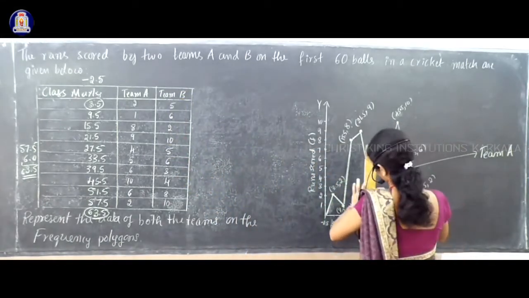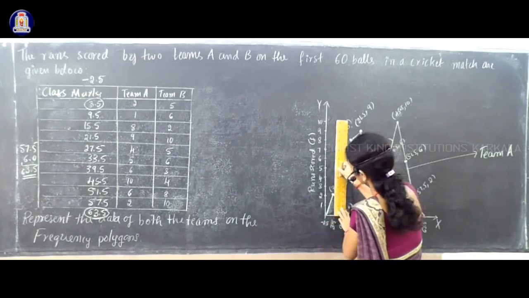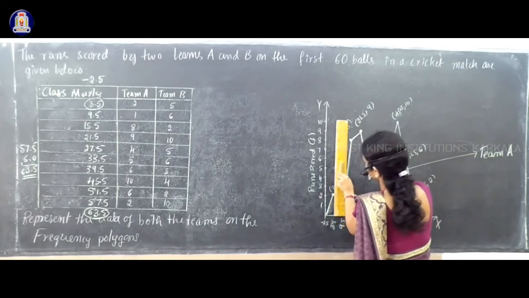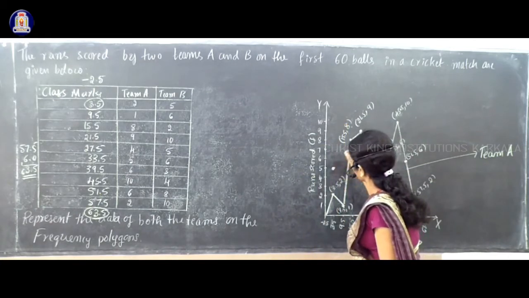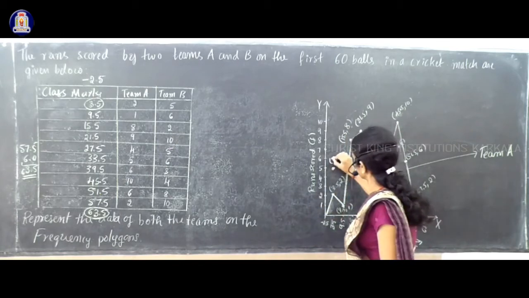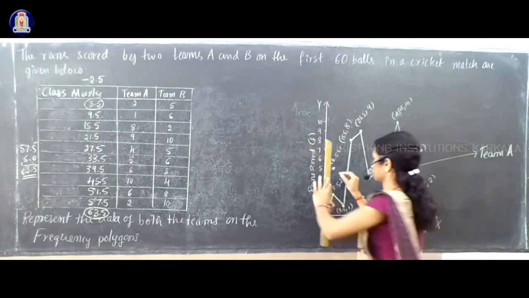Keep your scale vertical at 3.5 and move up to 5, here. And write the coordinates of that. This point's coordinates are 3.5, 5. And the first point you have to join with the origin.